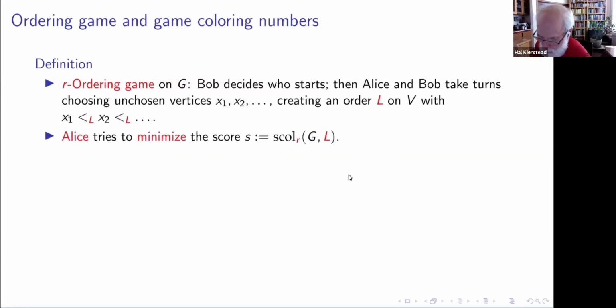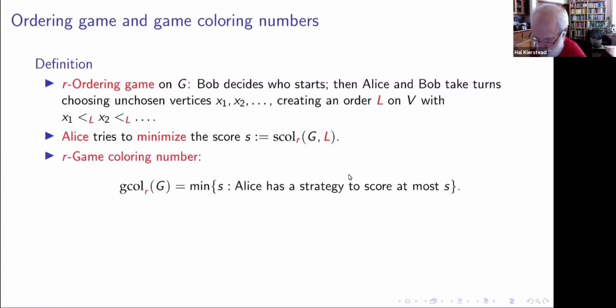Okay, and what's the score of the game? Well, you just look at the strong r coloring number of the order that you created with this game, and that's the score. Alice's job is to try to make the score as small as possible. And Bob's job is to, well, try to drive it up.